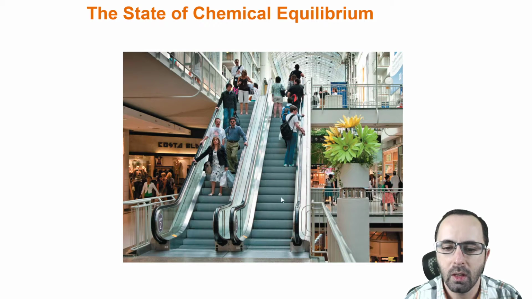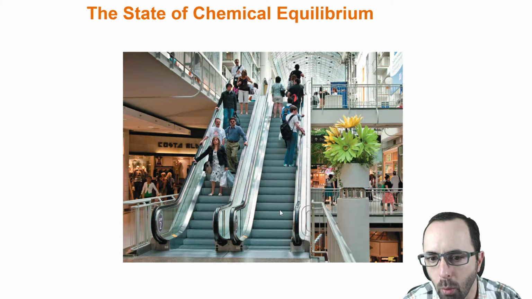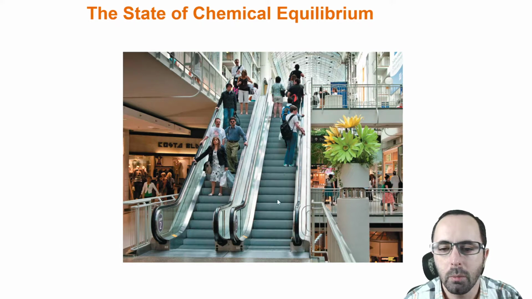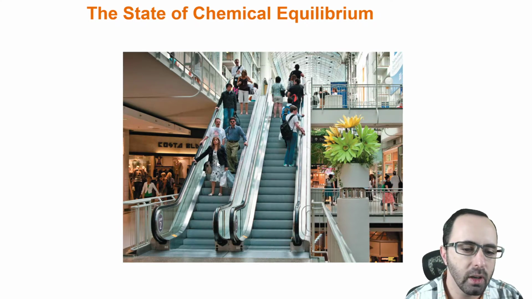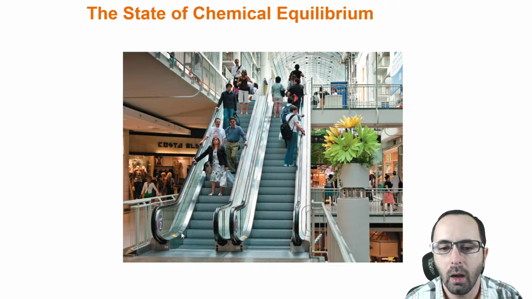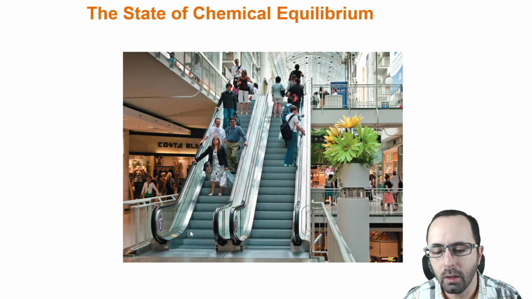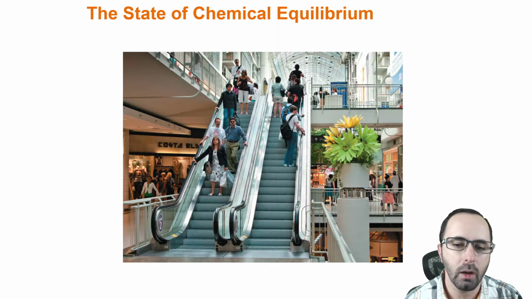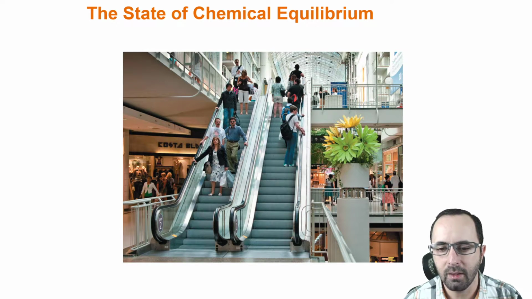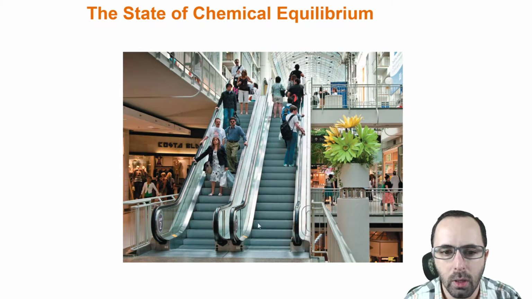But they won't be the same people at any one time. There'll be people going up from the second floor or down from the third floor. And so equilibrium is like that. If you count the molecules, the amounts of products and reactants are staying the same. However, those molecules are constantly interconverting between one another.